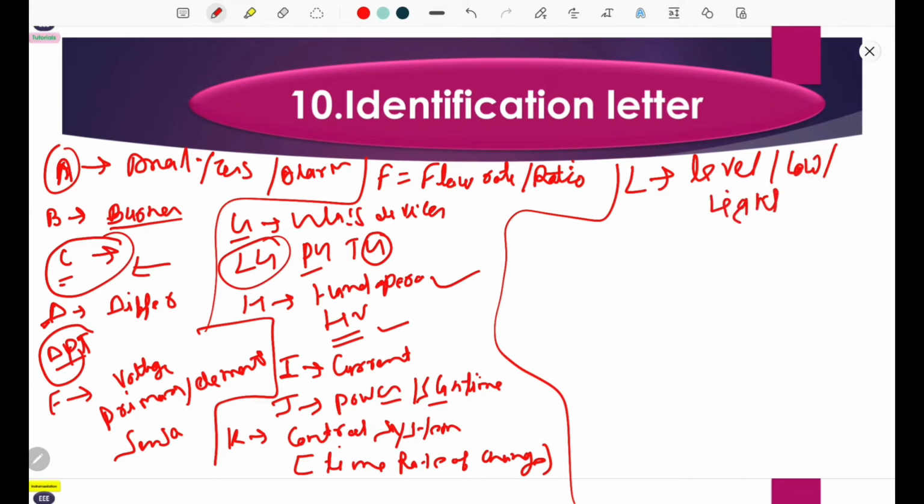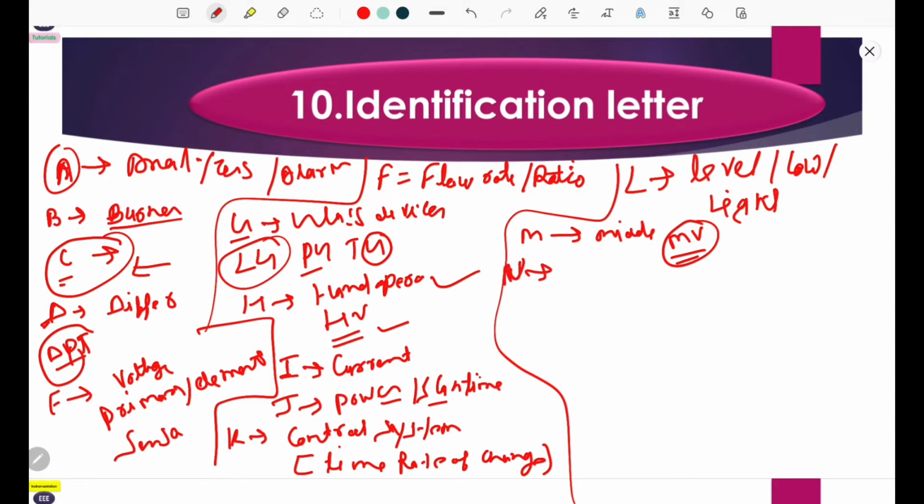These are the uses of L. M is generally used for middle value, manipulated value, or multivariable value. And N you can use as per user requirement.